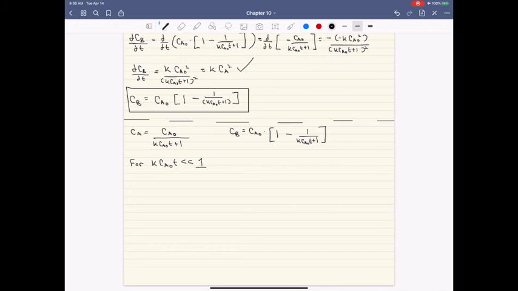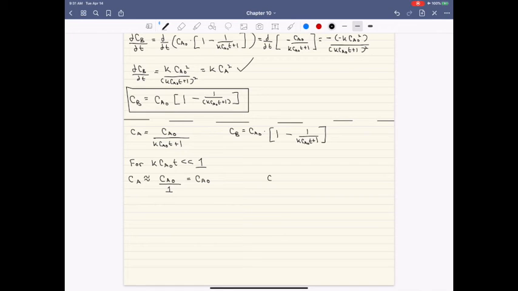In that case, what that would mean is that our CA equation is approximately, in the case that the k CA naught t term is much smaller than 1, basically just this, right? Where the 1 dominates the denominator. And so then CA is just equal to CA naught. Alright, so that's at very small times.